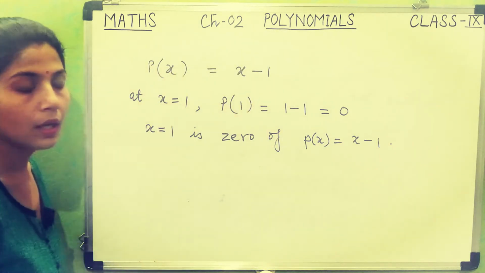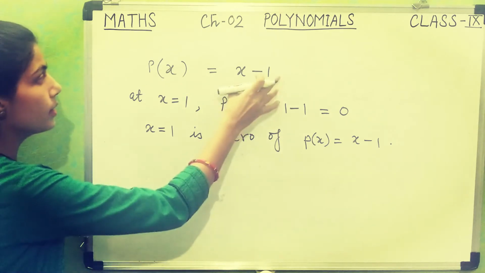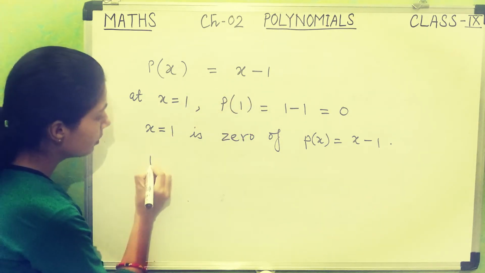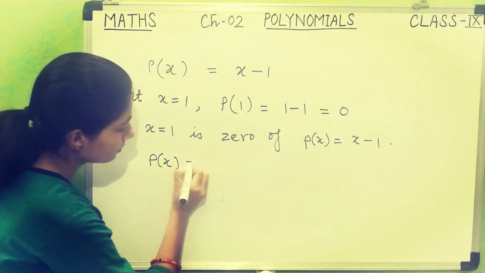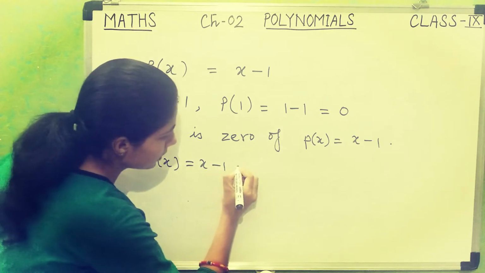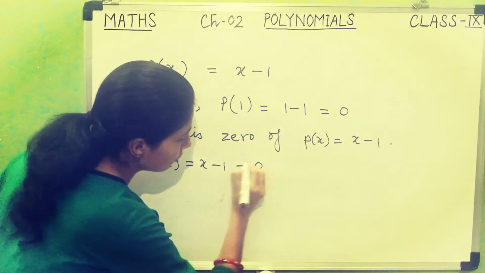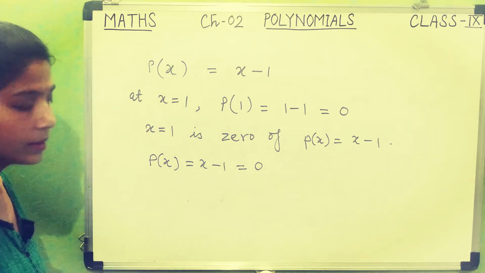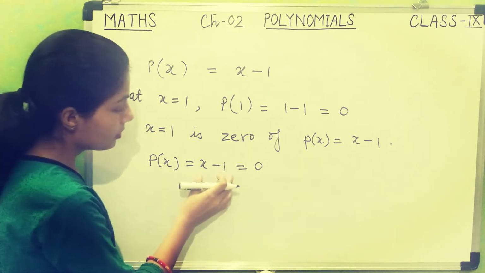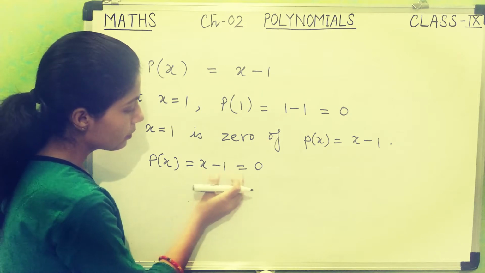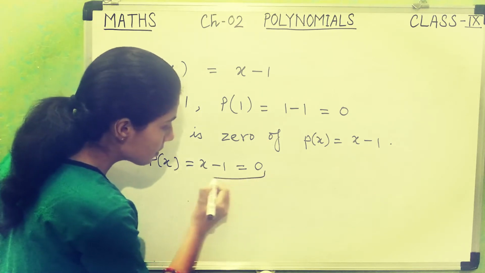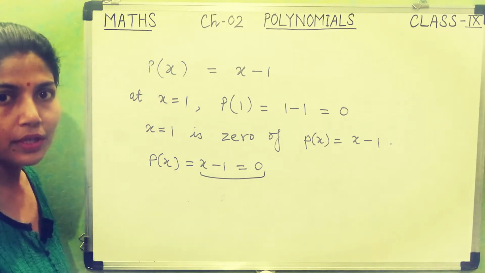Okay, now if I put this polynomial equal to 0, now see here, x minus 1 equals 0, this is what? An equation.